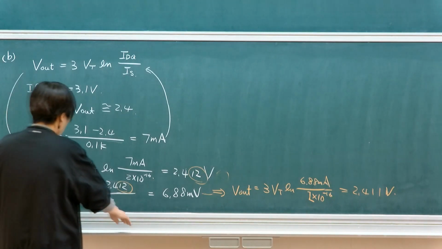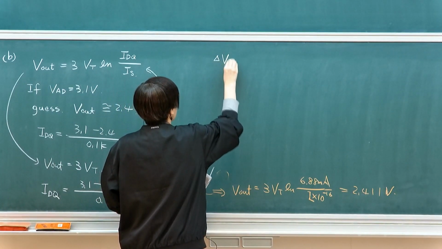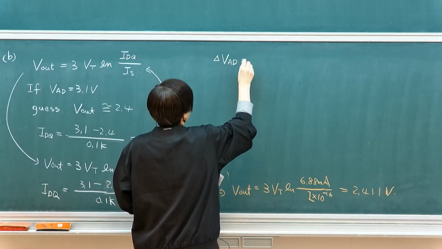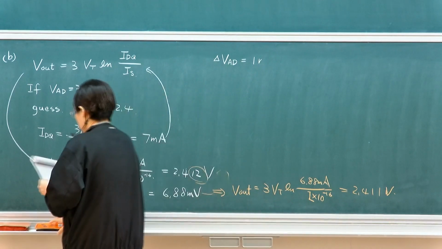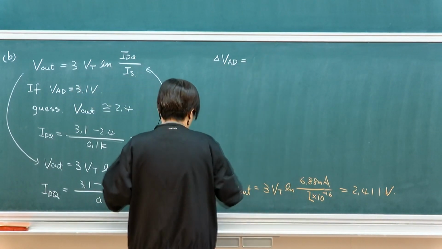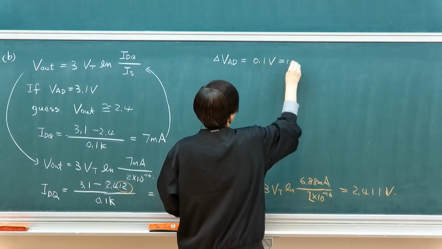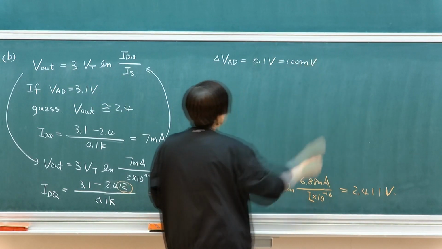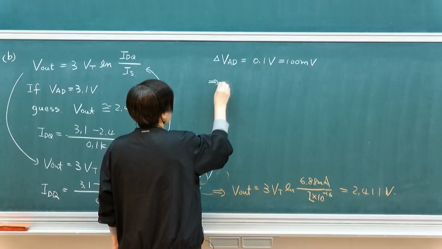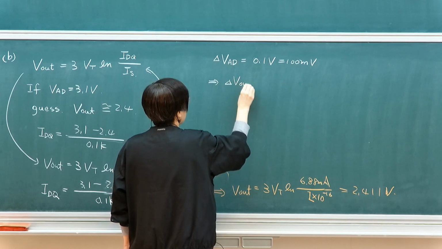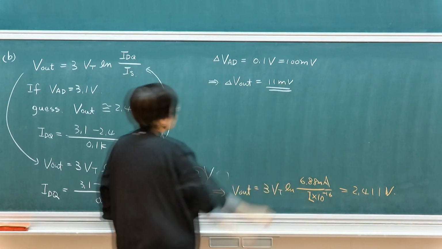So this analysis tells us that if my delta VAD is 0.1 volt, or 100 millivolt, so if my input changes 100 millivolt, what is the corresponding delta VL? It will become 11 millivolt. Okay?